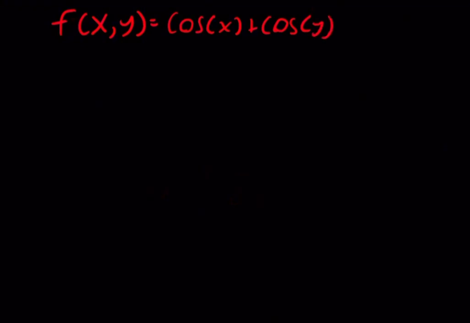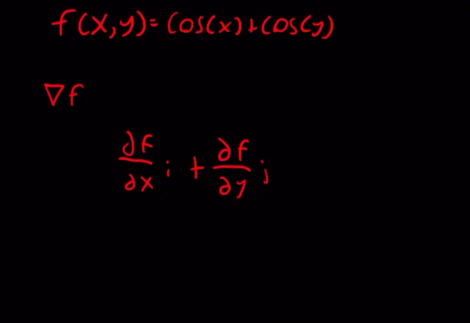In this case, to find the rate of change, we will take the gradient of f, in which we're going to do the partial derivative of f with respect to x, i, plus the partial derivative of f with respect to y, j.